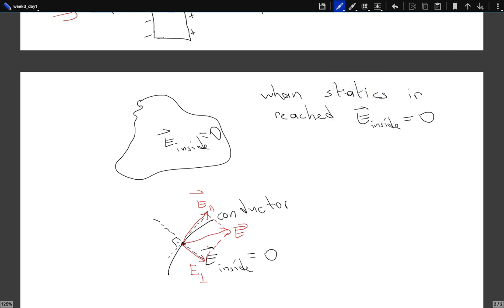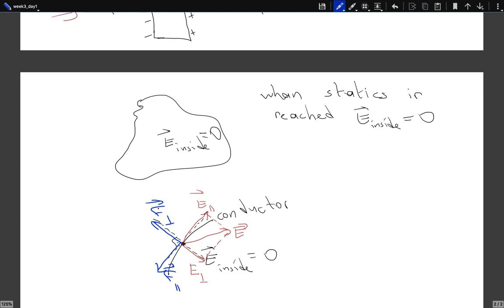To calculate the force exerted on an electron, just multiply these electric fields by the charge of the electron, which is negative. So this horizontal component of the electric field will exert a force in the opposite direction, but still parallel to the surface. And the vertical component will exert a force on the electron vertical to the surface.